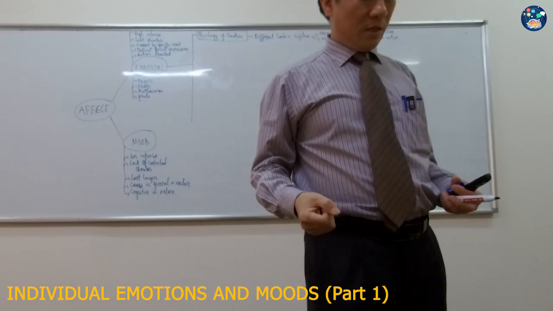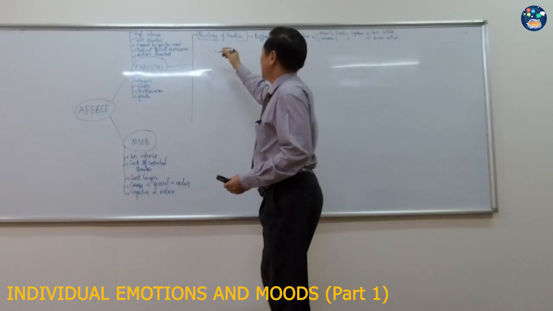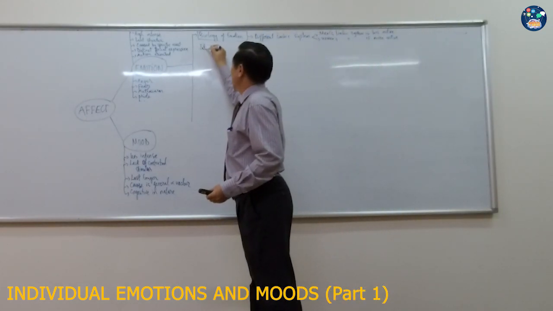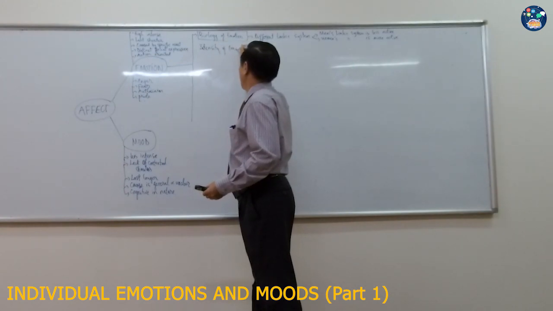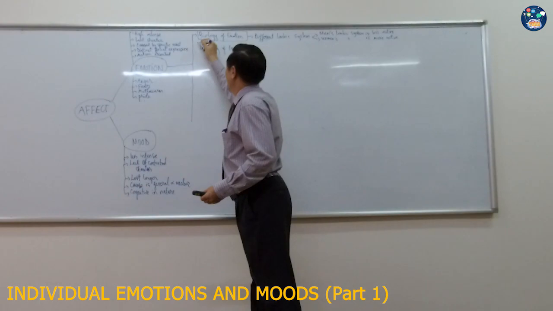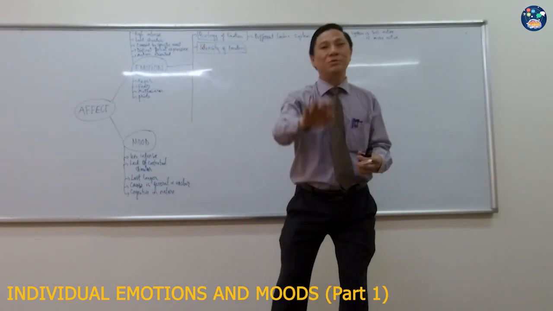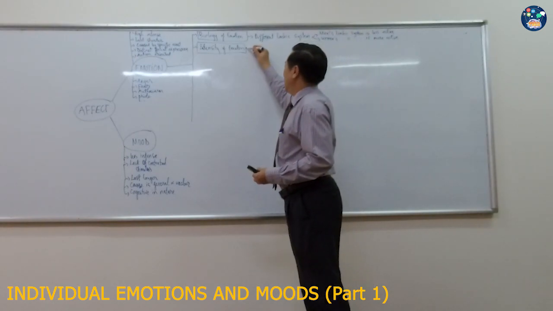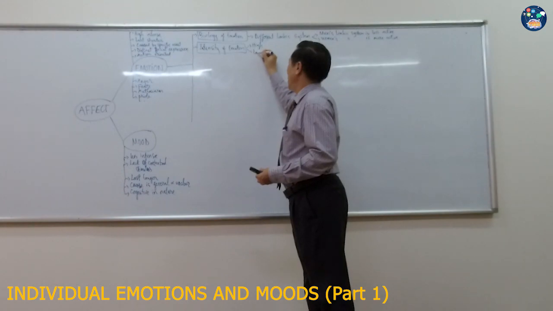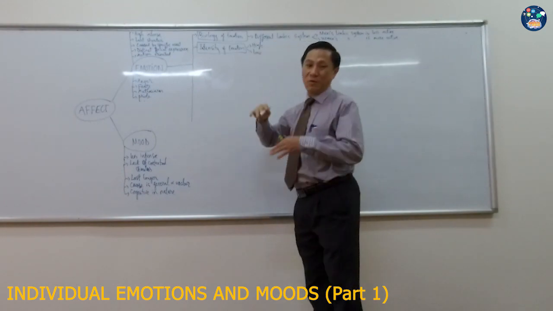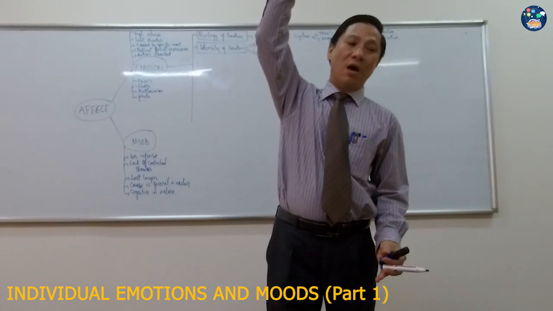The second one is intensity of emotions. The emotion goes from low to high. We have high here, we have low here, or let's say middle. It depends, so it ranges from very low to very high.